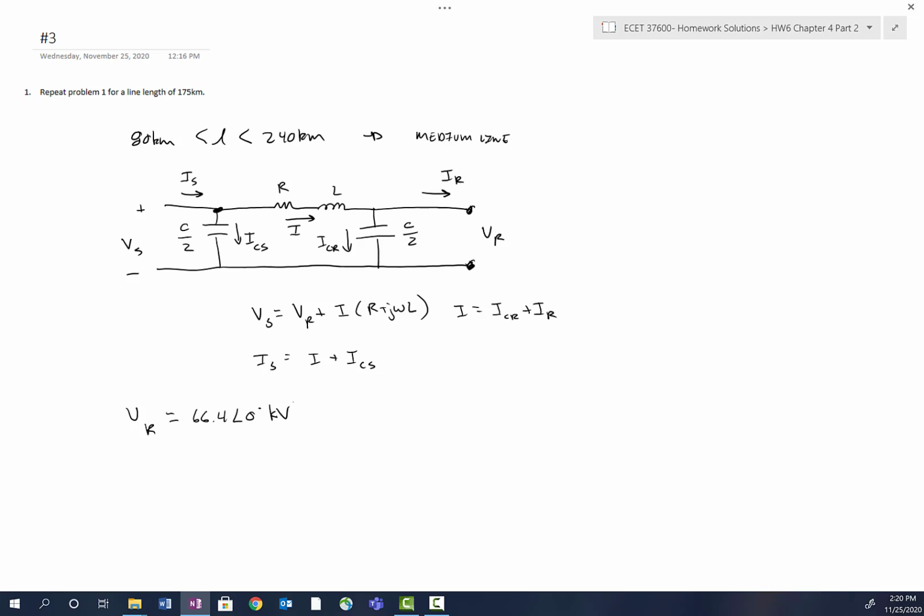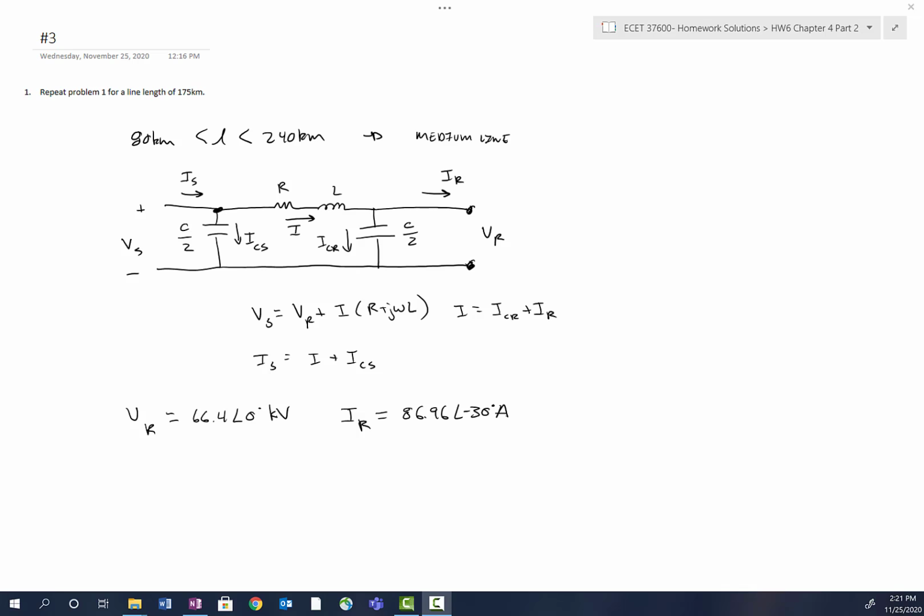And the receiving end current we also calculated in problem number 1 from the load information. It came from the power and the power factor. We found out that that's 86.96 angle negative 30 degrees amps. So those are from the previous problem. You would have to solve those, of course, if you hadn't already.